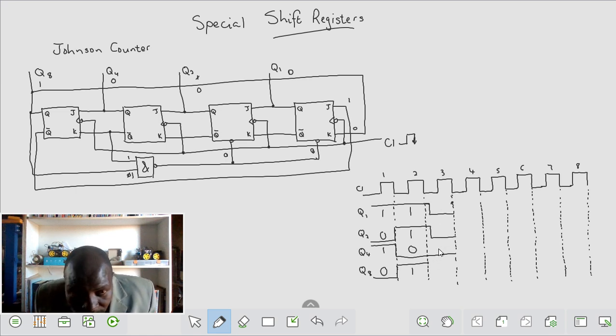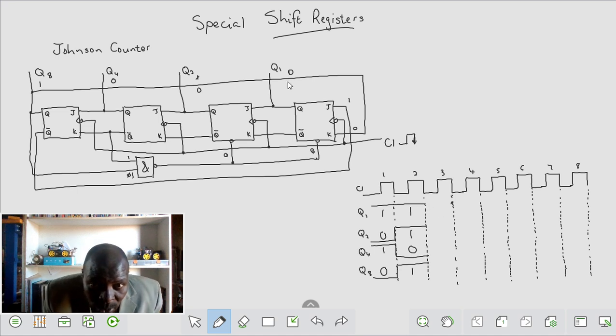What am I doing? Let me not go there, let me first correct this. I think I jumped the gun a little here. After we had 1, 0, 1, 1, that one immediately goes to 1, 0, 1, 1.